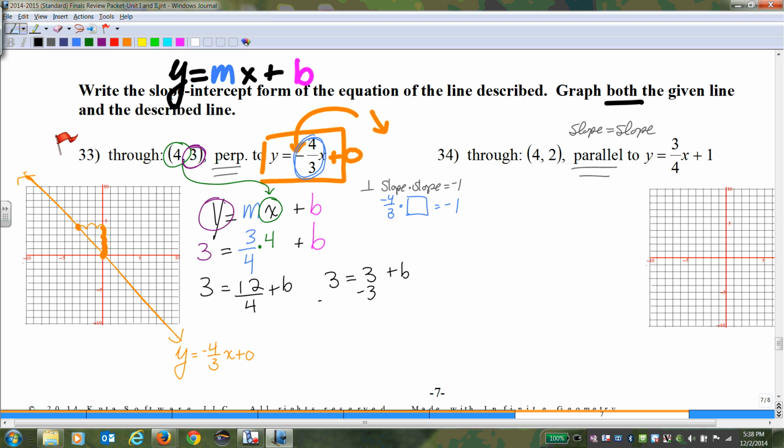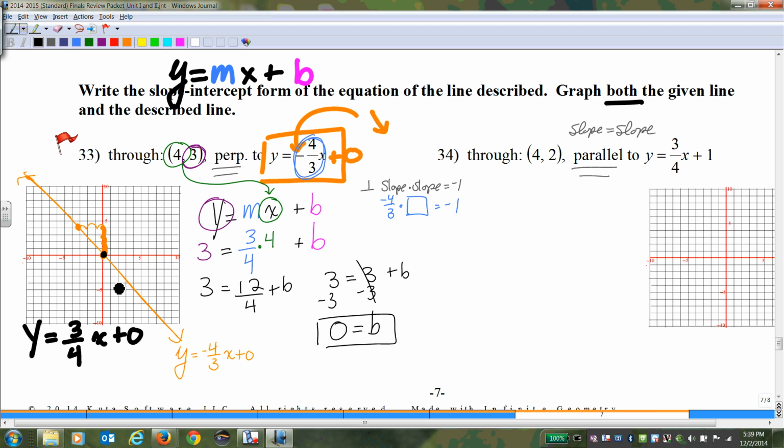And we're going to minus 3, and we get b equals 0. So our perpendicular equation is going to be y equals 3 over 4 x plus 0. Let's graph that and see what happens.